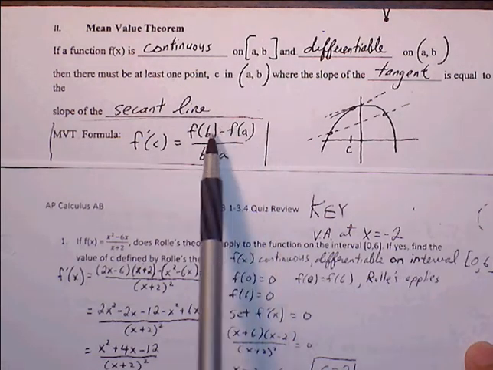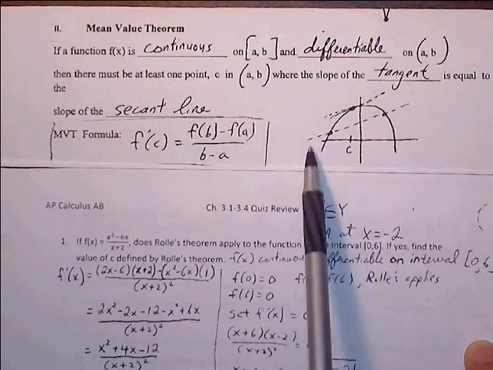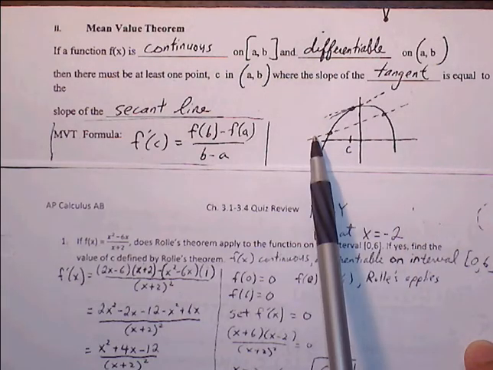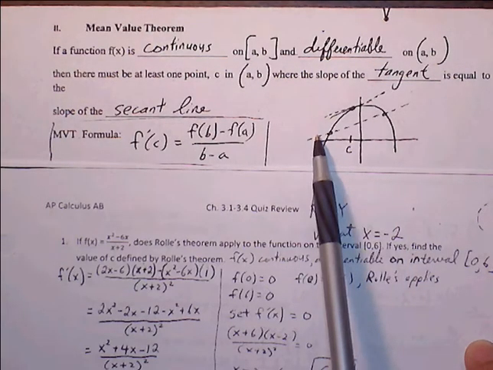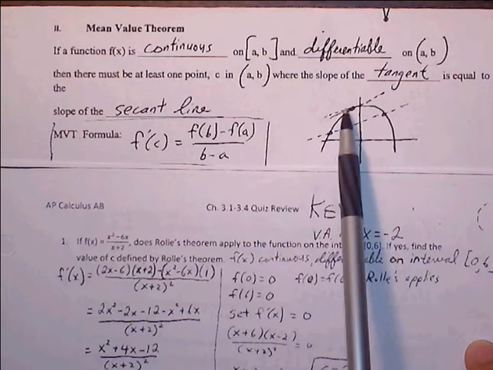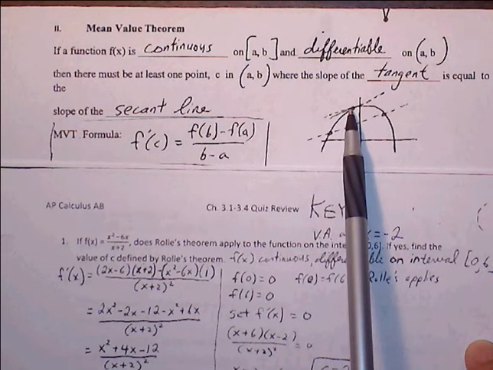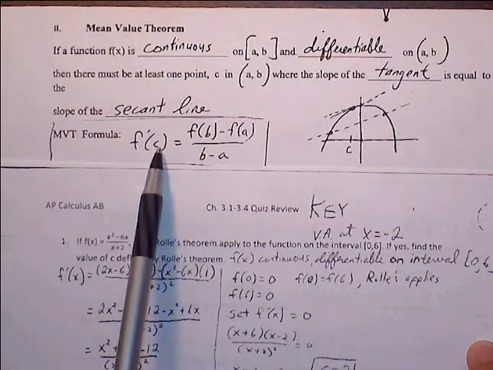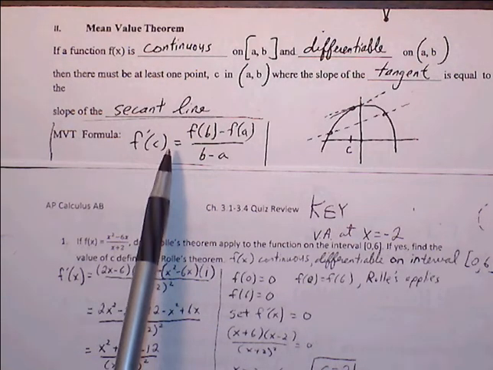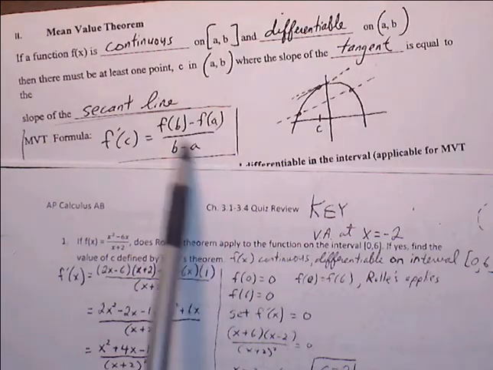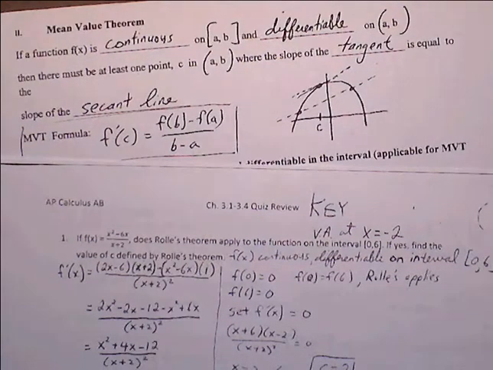We do need to use the endpoints and find the slope of the secant line. What we're trying to guarantee is that somewhere along the graph, the slope of the tangent line is going to match the slope of the secant line. We're trying to find out where that point is. So after we determine that the function is continuous and differentiable, we set the derivative equal to the slope of the secant line, and then we solve for c.